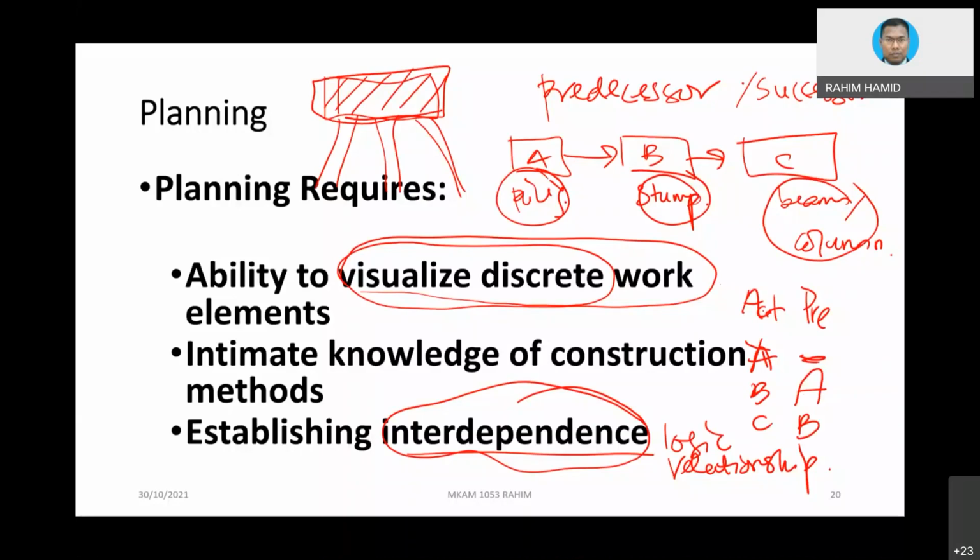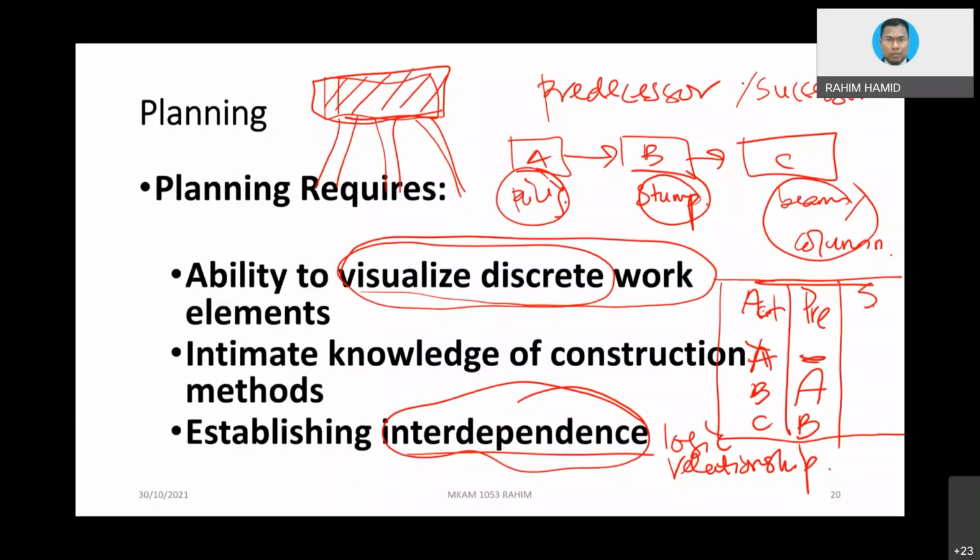So from this relationship that you draw in, people will understand this is the sequence of activity. So the terminology used is predecessor, or we can use the concept of successor. What is successor of A?